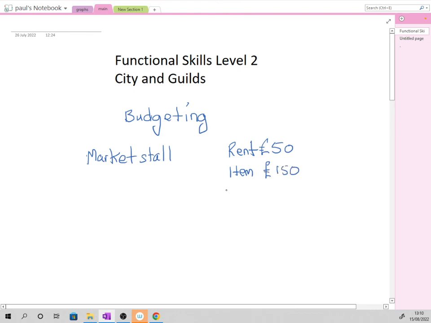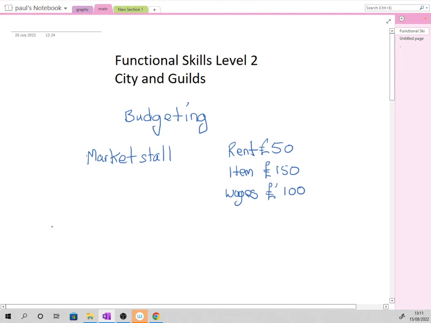And your wages, because you're not going to do it yourself, you're going to pay somebody else to do it, yeah? And say that costs £100. So we've got three items, and so our total budget would be these three numbers added up together, which is £300. So we mustn't go overboard on any of the items really.